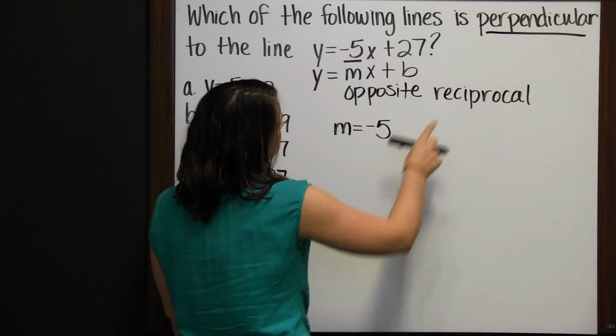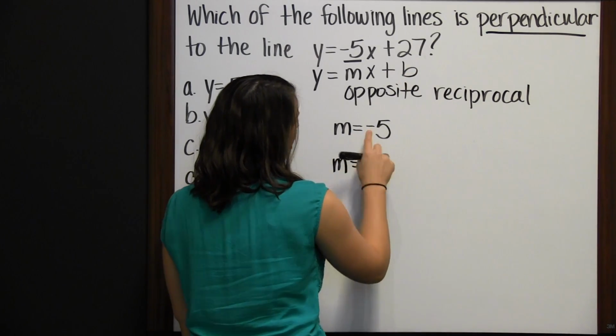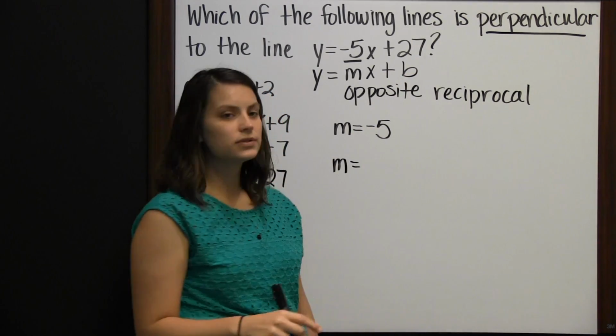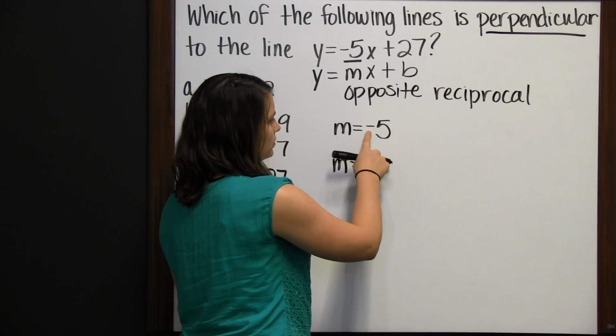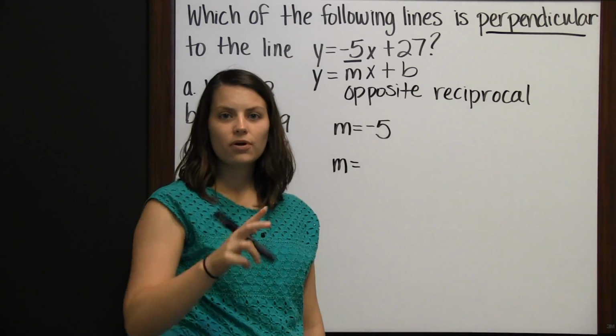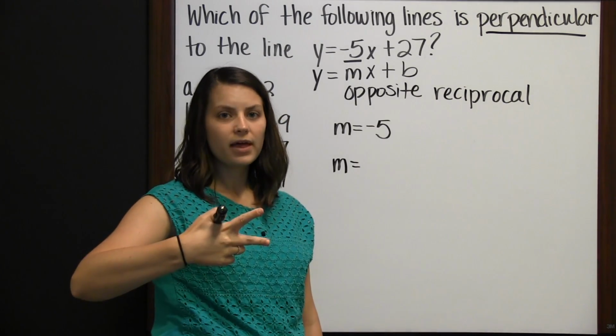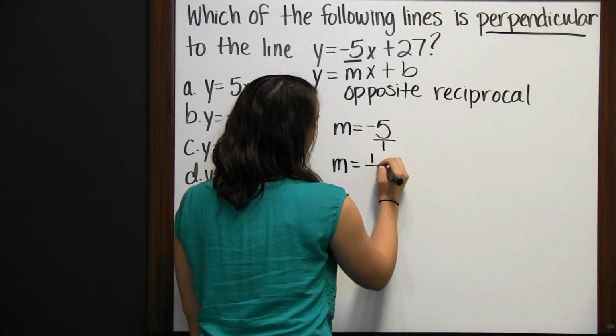The slope of a line that's perpendicular to this line would have an opposite reciprocal slope. Opposite meaning opposite sign. So instead of negative, the slope will be positive. And then reciprocal, meaning simply to flip the fraction. So this is negative 5 over 1. The reciprocal would be 1/5.